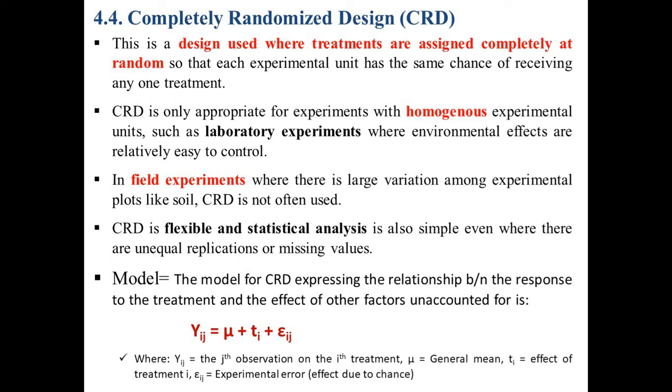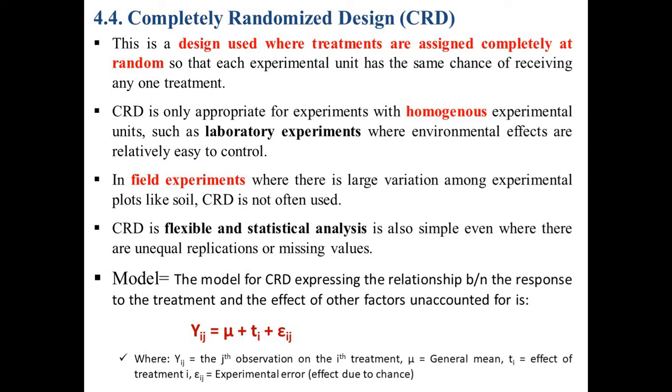Completely randomized design is only appropriate for experiments with homogeneous experimental units, such as in the laboratory or in the greenhouse, where the environmental effects are relatively easy to control. But in field experiments, where the variation is higher, CRD is not often used.